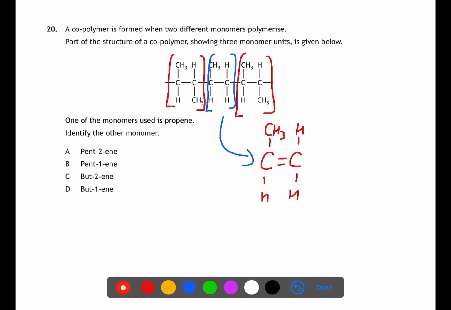This means that the ones highlighted in red are our other monomers. If we take the bonds on either side and fold them back in to make the double bond, we can see that we have a structure here of 4 carbons, 1, 2, 3, 4, with a double bond between 2 and 3. This means that our other monomer is but-2-ene, C.